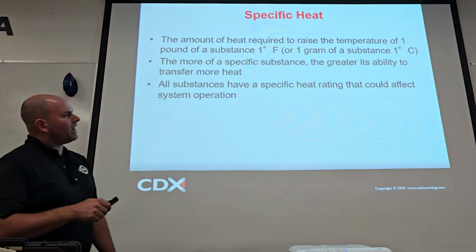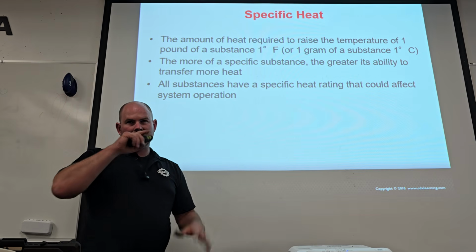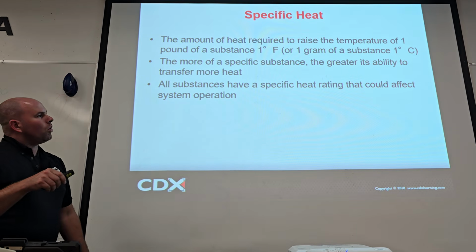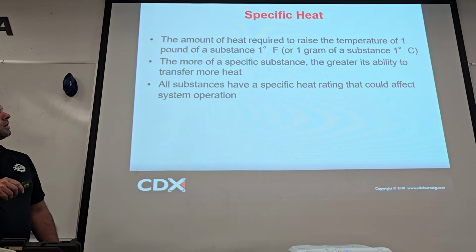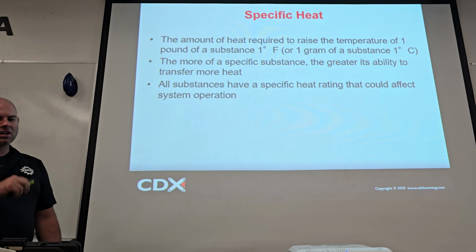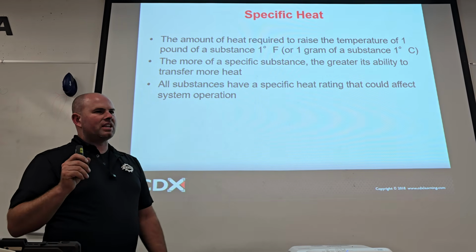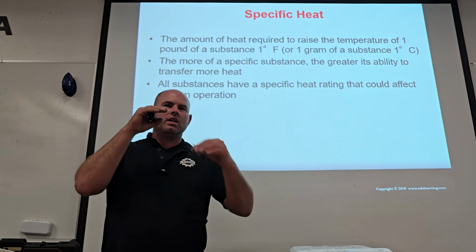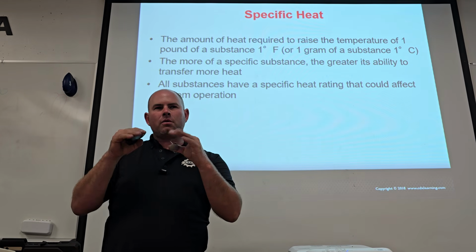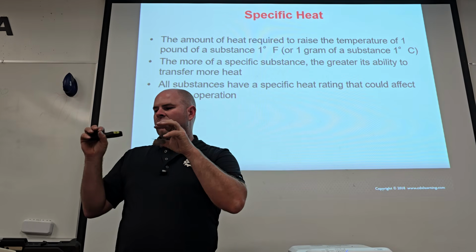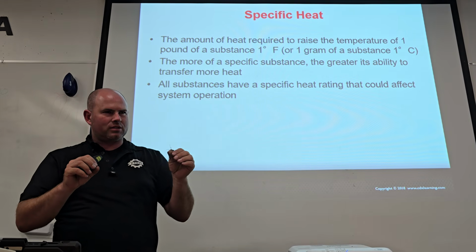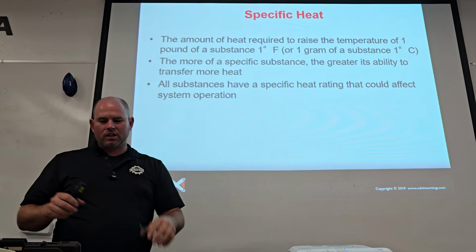Yeah, you could do 1 gram and 1 Celsius, okay? But either way, it's 1 to 1. So it's got to be 1 pound of a substance increased by 1 degree. That's the specific heat. Different things have different specific heats. That's telling you how many BTUs to heat it up 1 degree if it's 1 pound. Make sense? So different substances have different specific heats. Cool? Depending on what it is.